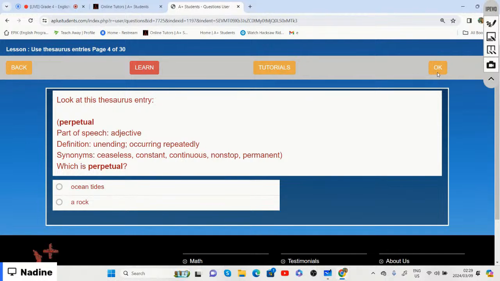All right. Then we have the word perpetual. The word perpetual is an adjective. The definition of perpetual means it is unending, occurring repeatedly.